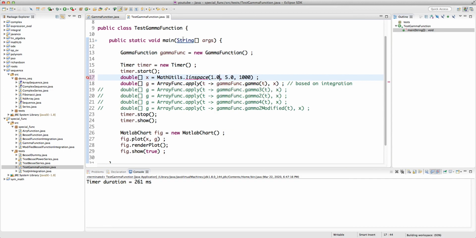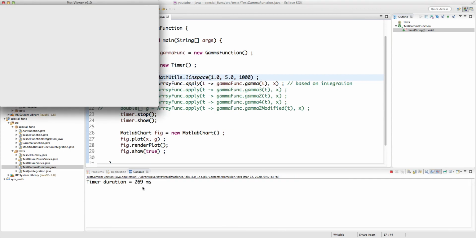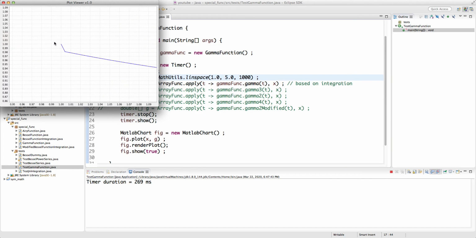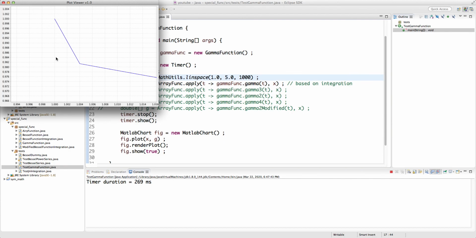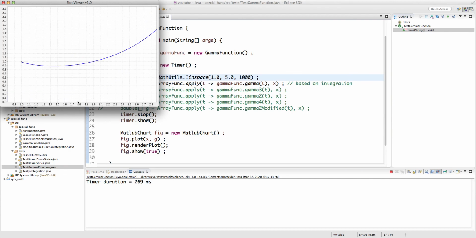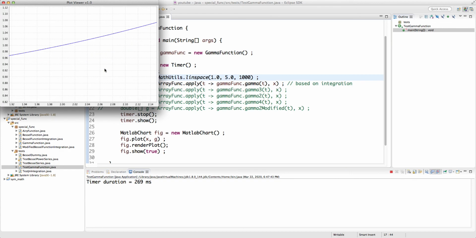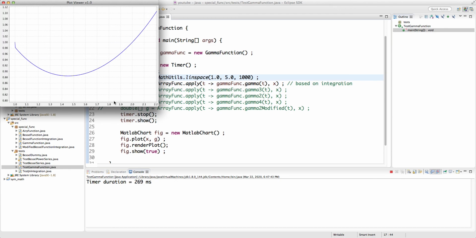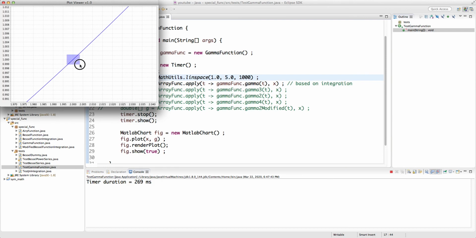It takes 269, and at 1 we get 1, and at 2 we should also get 1, because gamma of 1 is 0 factorial, which is 1.